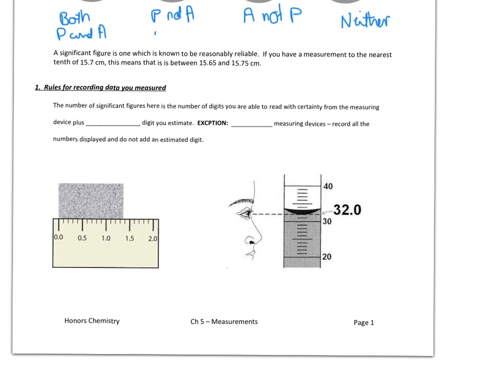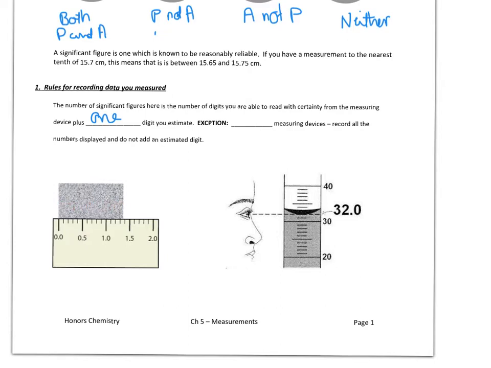The number of significant figures, when you are measuring things, is the number of digits that you are able to read with certainty from the measuring device plus 1 digit that you estimate. For example, let's say that you have this ruler and you're trying to measure the length of this object here.